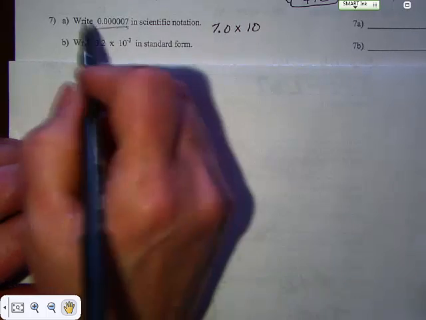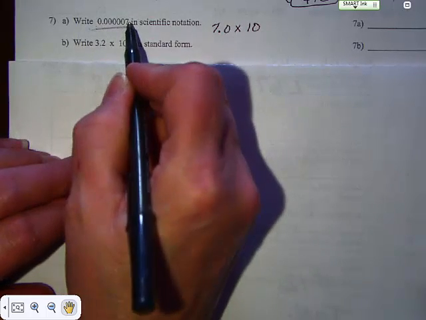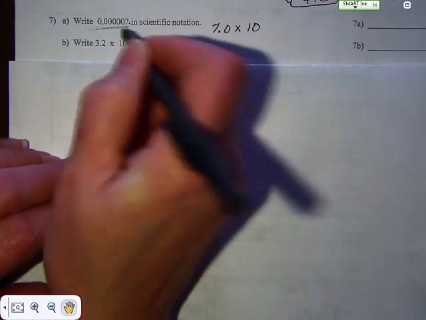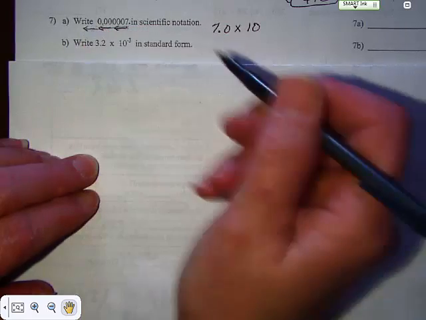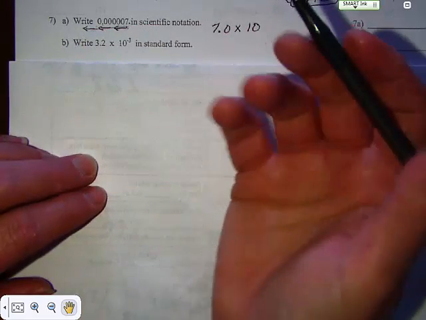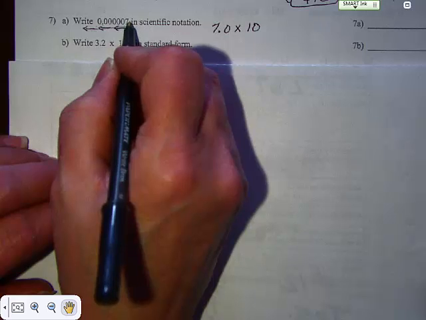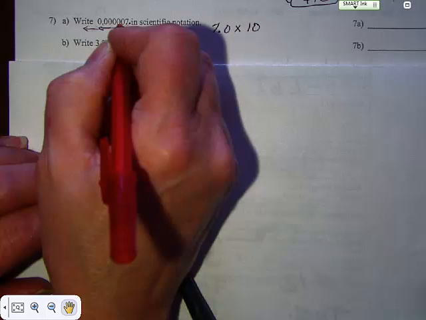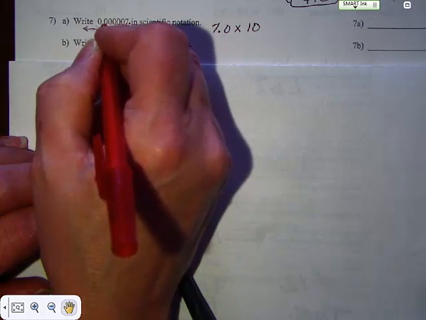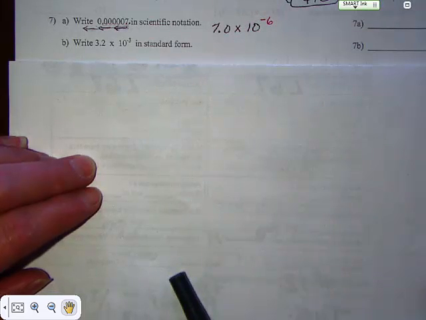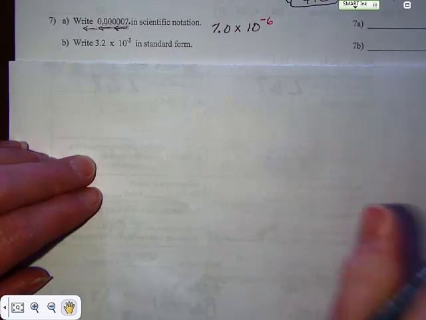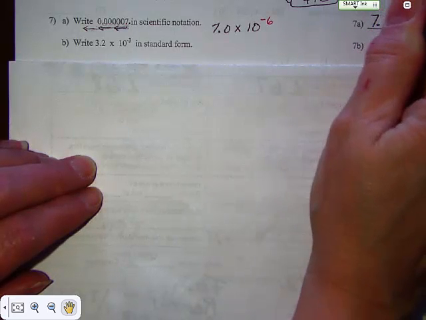If I want to go from here to there, I have to go left, which is a negative direction. So how far do I have to go to the left is what I need to find out. So I'm going to go 1, 2, 3, 4, 5, 6 to the left, which means that it's going to be 7.0 times 10 to the negative 6. So that is scientific notation.